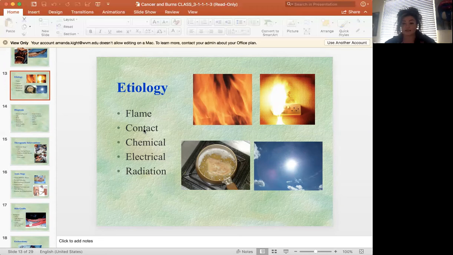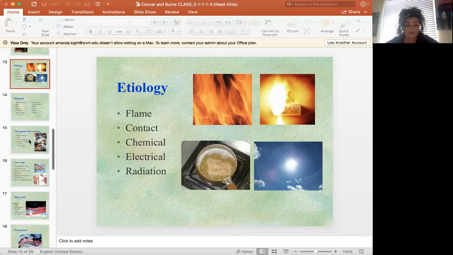It may not be as strong once it gets to you, even like lightning, for example. If you happen to be holding hands with your significant other and you're taking a walk and your significant other gets struck by lightning, that current will go through them to you, just as a side note, if you didn't know that. So these are some different ways of how burns can be created.